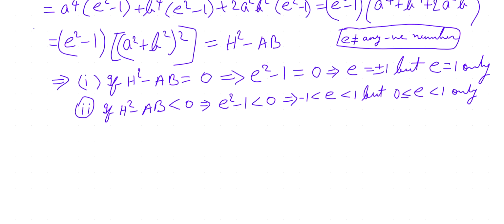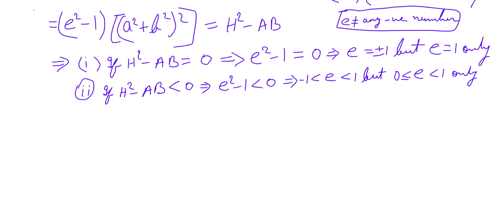Then third one is, if h square minus ab is more than 0, this implies e square minus 1 more than 0.